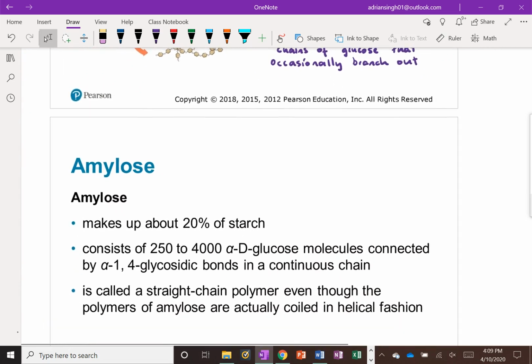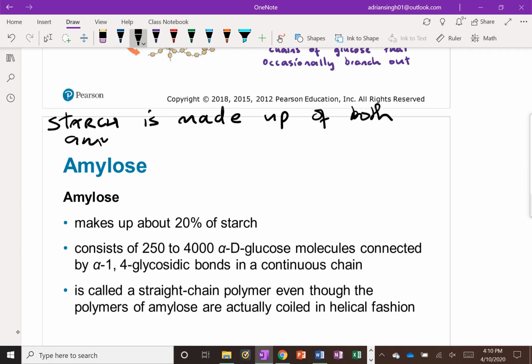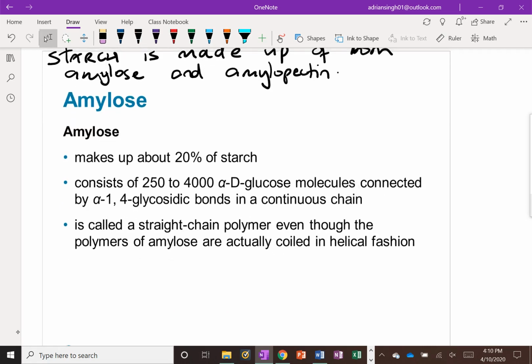So both amylose and amylopectin make up starch. Amylose makes up about 20%, about 1/5 of a starch sample. And like I said, it's made up of these alpha-1,4 glycosidic bonds that connect our glucose molecules.